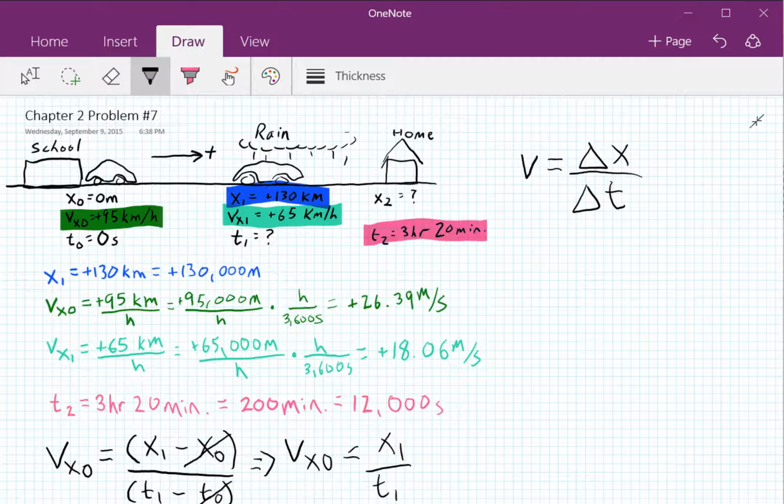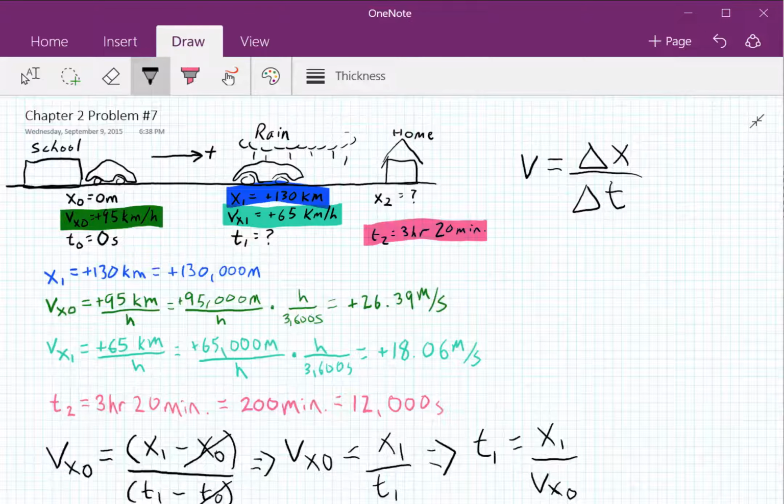Multiply t1 to the left side and divide by the velocity, and you'll get t1 equals x1 divided by Vx initial.